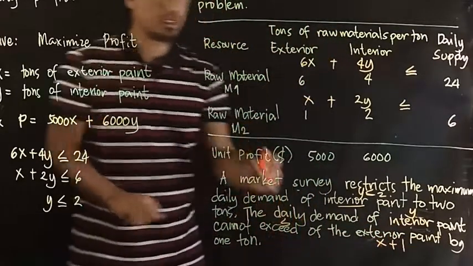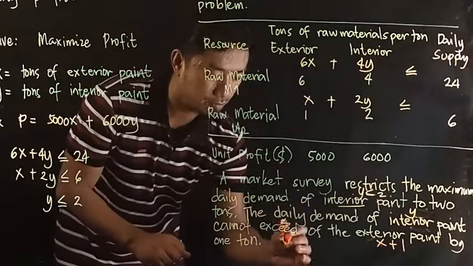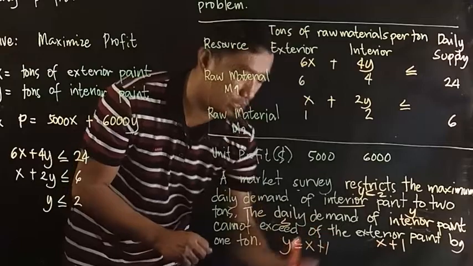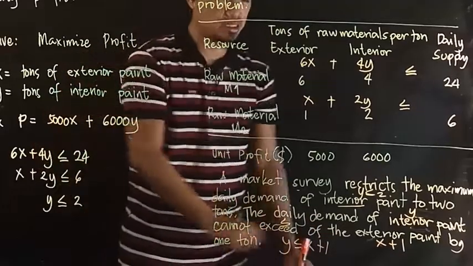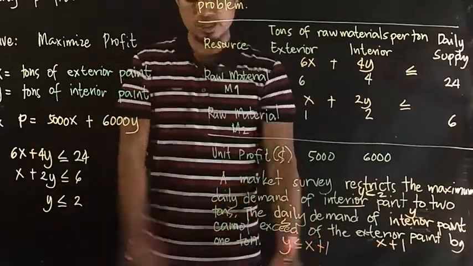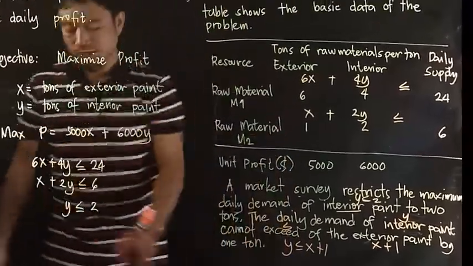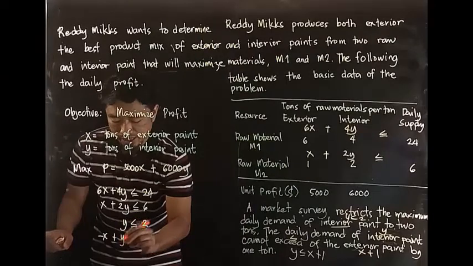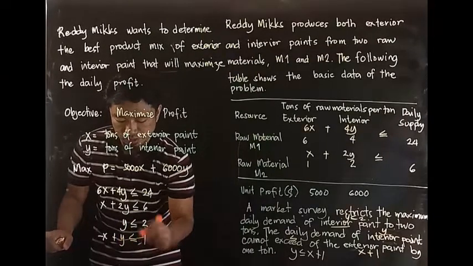So the constraint is equivalent to Y less than or equal to X plus 1. And converting this into a standard form, we transpose X to the left side. So that is equivalent to negative X plus Y less than or equal to 1.